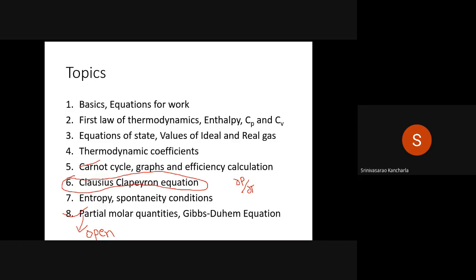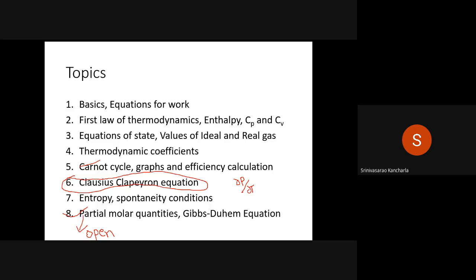That means the quantity of your material, whatever it is, whether it is a gas or a liquid or something. So when you heat it, some amount of the material is exchanged to the surroundings. That means there is a change in the number of moles as well. So far, whatever we have discussed, we never considered a change in the number of moles.